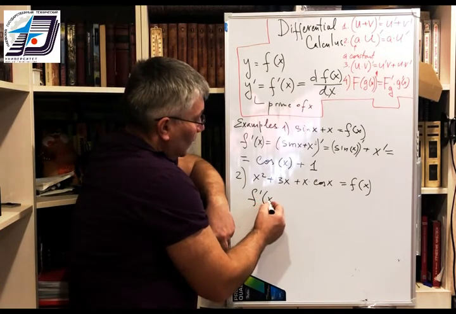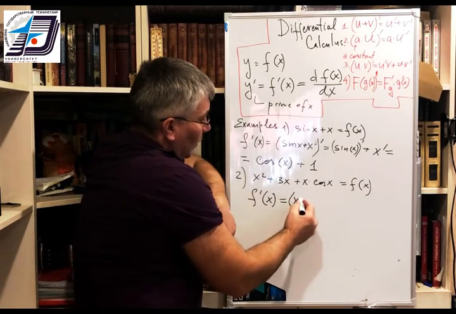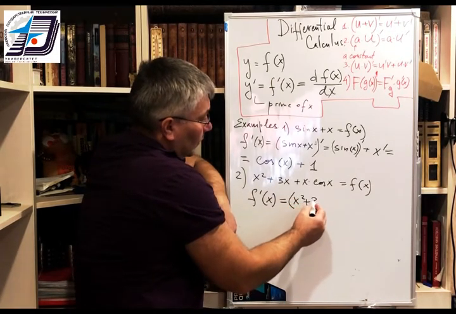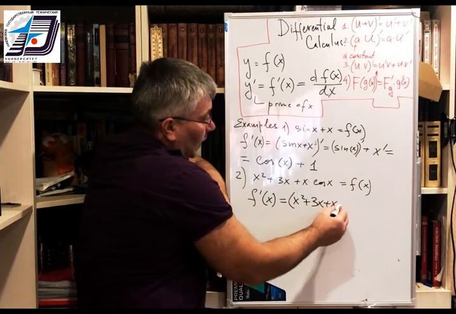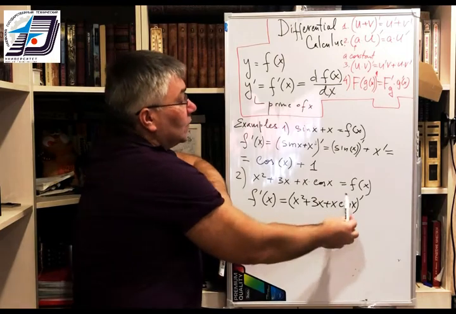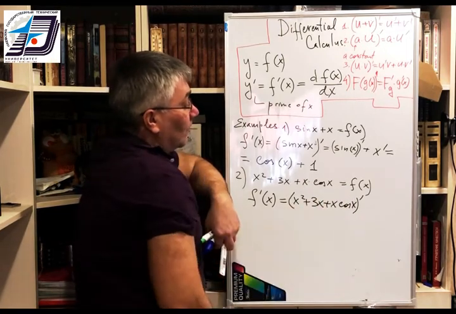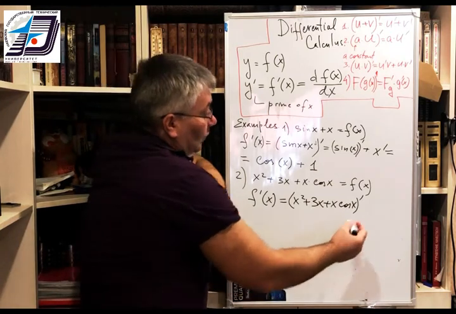F prime of x equals, I have to write down this long expression within parentheses, x squared plus 3x plus x times cosine x, and put a prime here. That means it demands the derivative calculation, which is still waiting for all of these calculations.